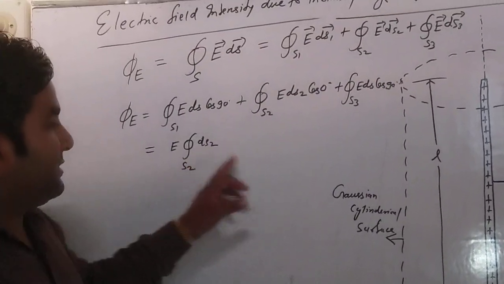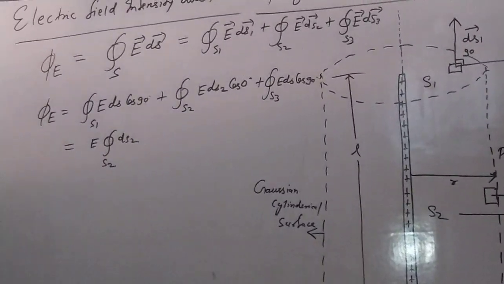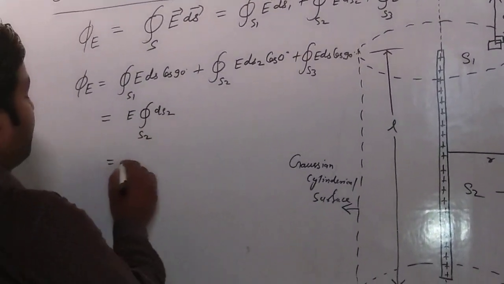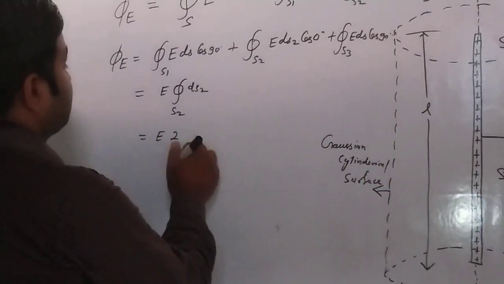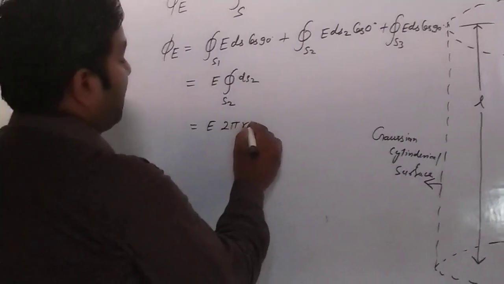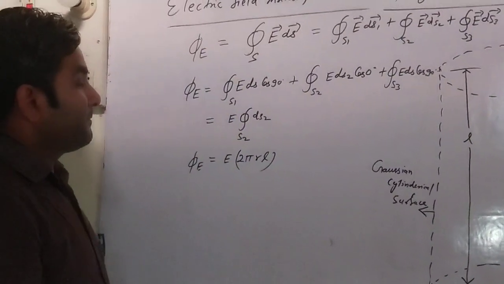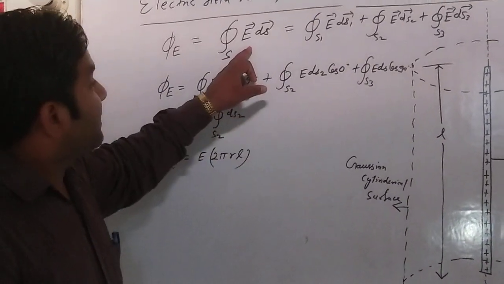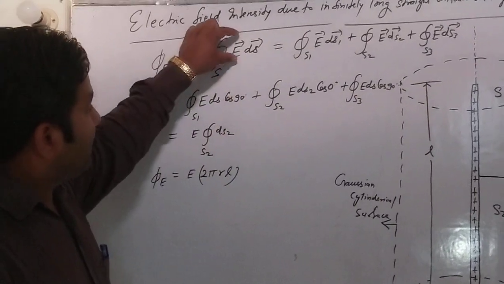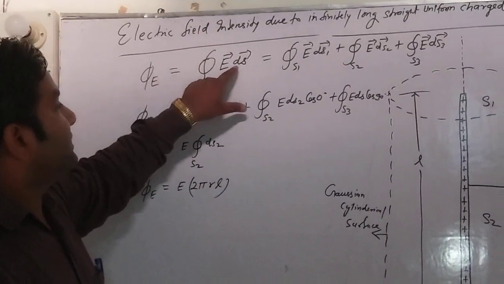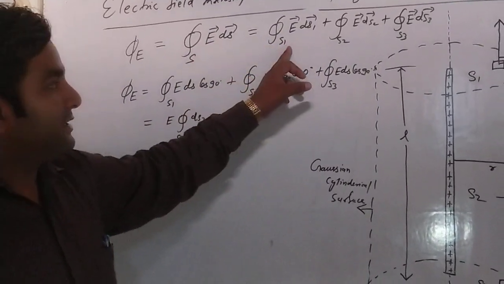When we integrate dS2 over the curved surface, we get the total curved surface area of the cylinder, 2 pi r L. This is the calculation of flux by the definition of flux: the dot product of vector E and dS over the total surface, which contains three terms.